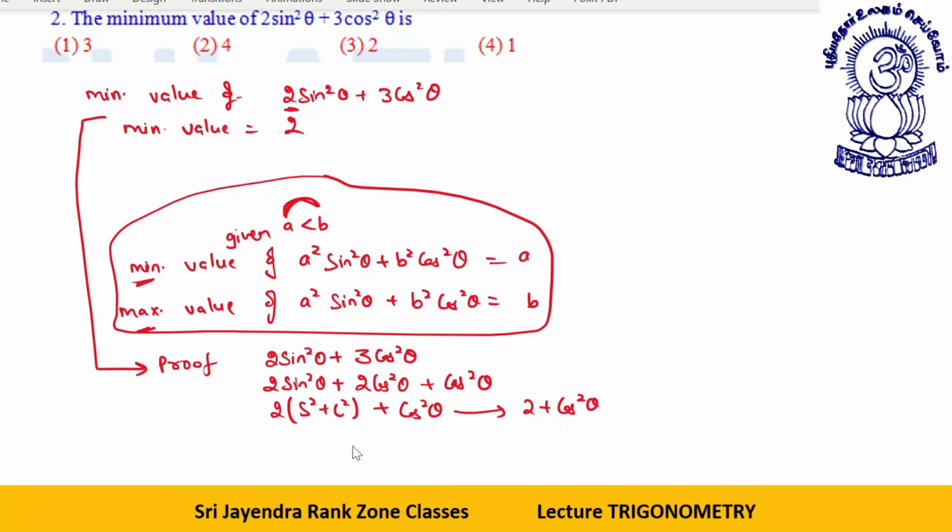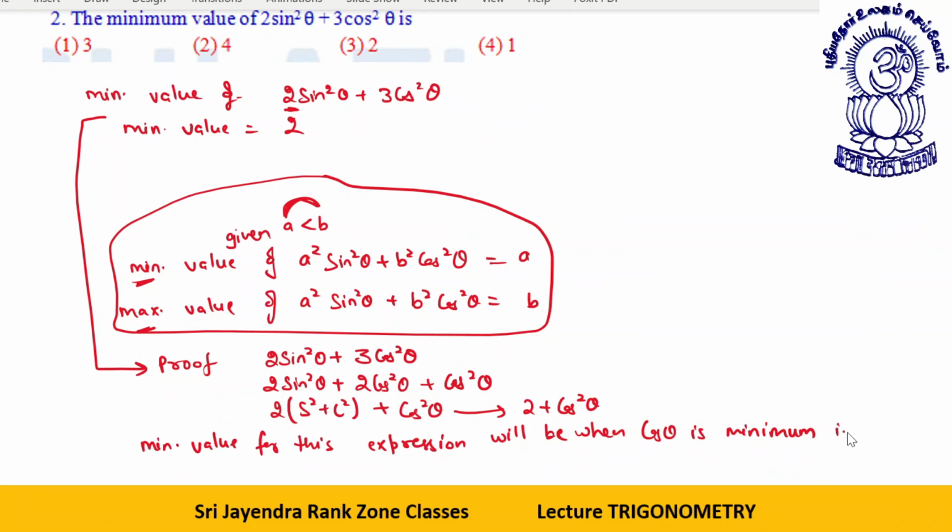The minimum value for this expression will be when cos theta is minimum, that is at theta equal to 90 degrees. The minimum value will be 2, since 2 plus 0 is equal to 2.